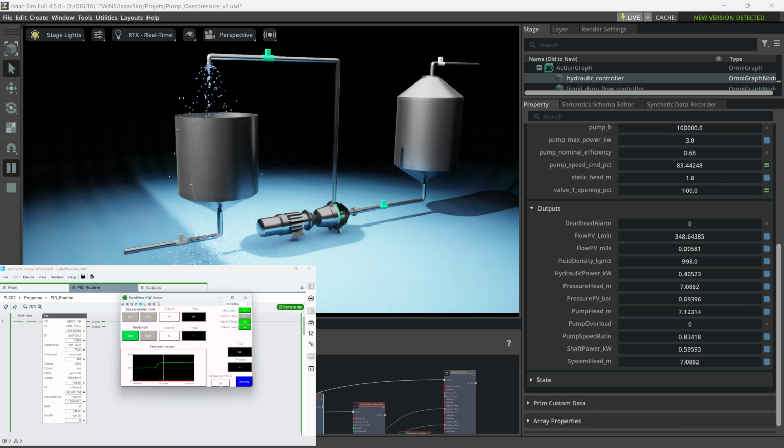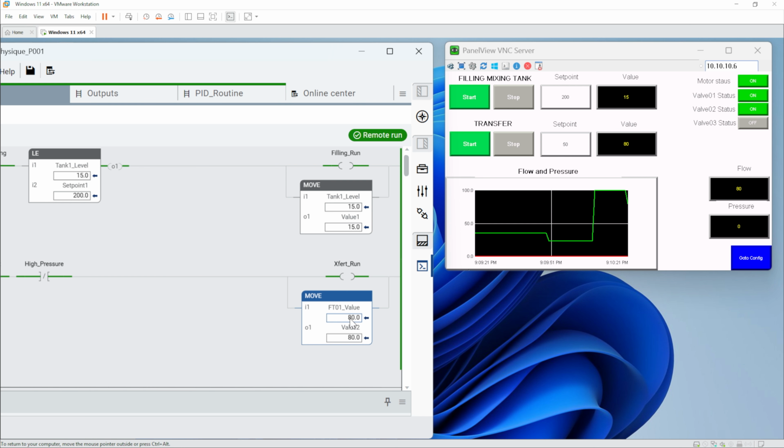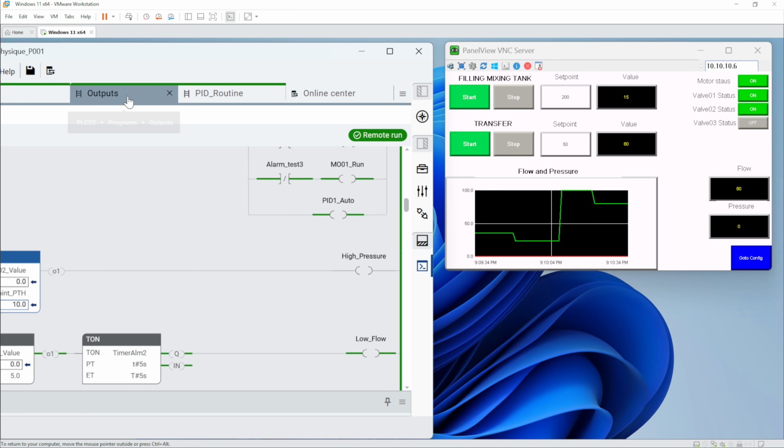By validating the physical behavior, control logic, operator response, and communication flow before startup, engineers can significantly reduce commissioning risks. And this experiment is just one example of what becomes possible when automation and digital twins work together.